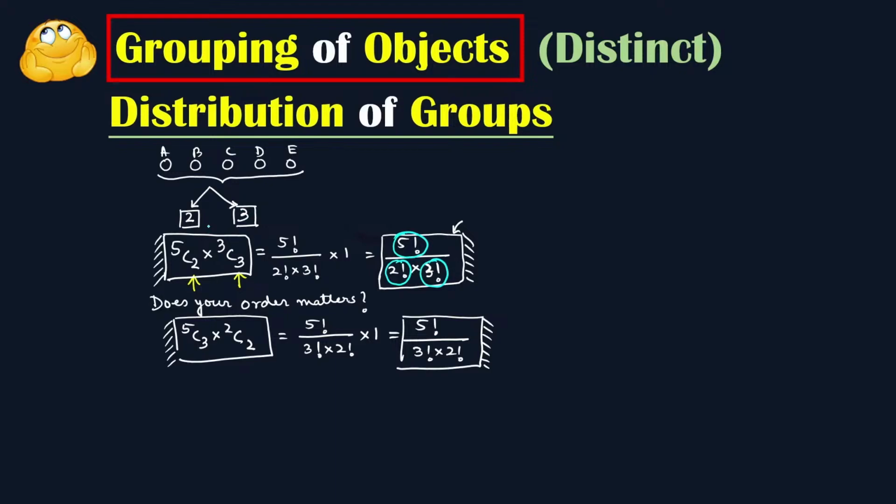Can you see that these 2 groups are of unequal size? What do you mean by unequal size? Unequal size means the number of objects present in the groups are unequal. One group is having 2 objects and another group is having 3 objects.